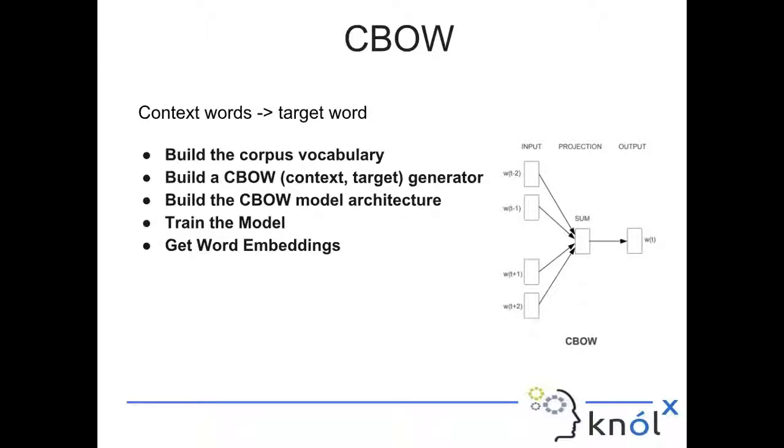Then this model architecture is basically the model that we are going to build: the algorithm, all those parameters, and how we will be constructing the model in order to filter in the data. Then we'll train the model with a corpus, and we are going to get the word embeddings.